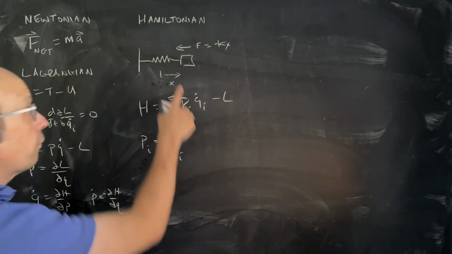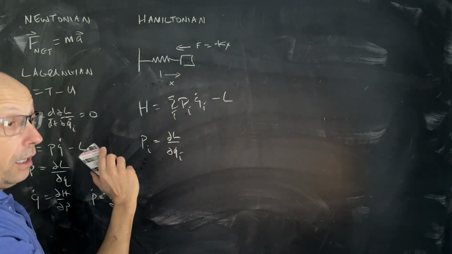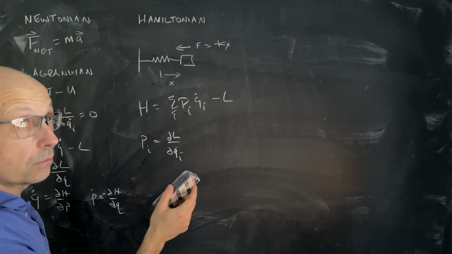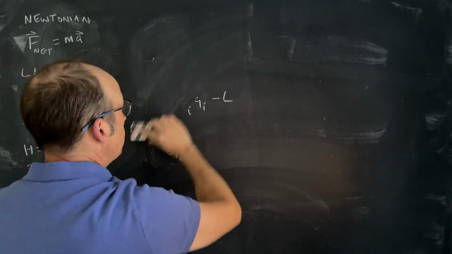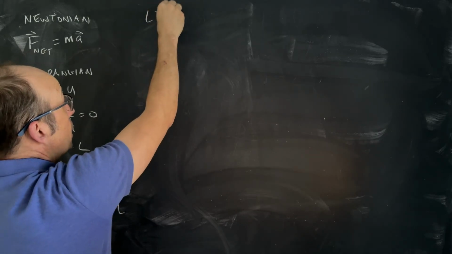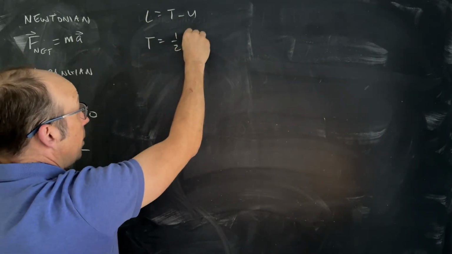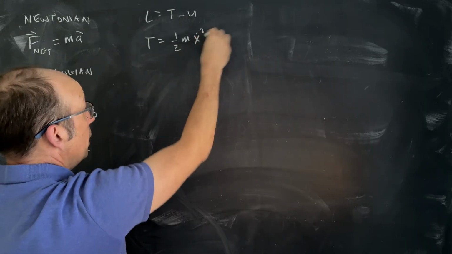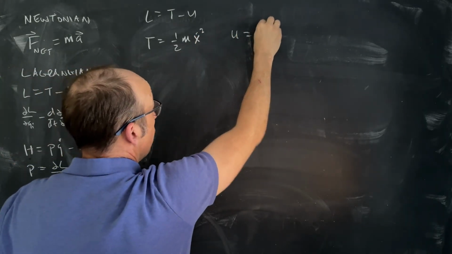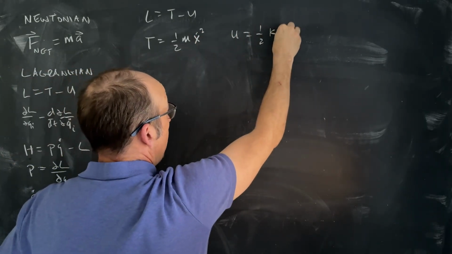Let's do it for this mass on a spring in one dimension. Okay. So let's start off and write the Lagrangian. The Lagrangian is T minus U, and T is 1/2 m x dot squared, and then U is 1/2 k x squared.